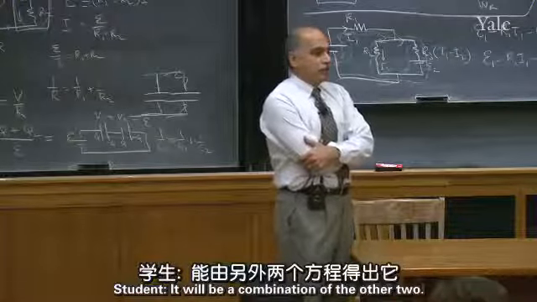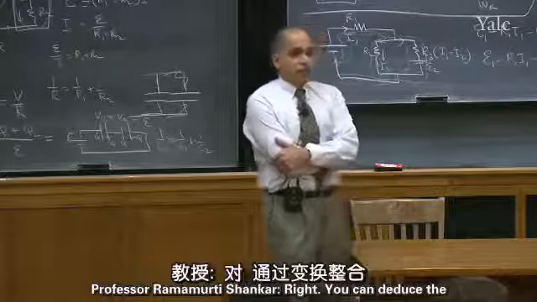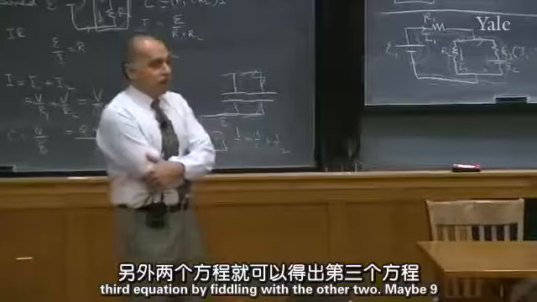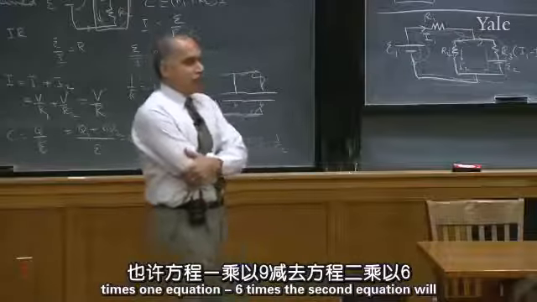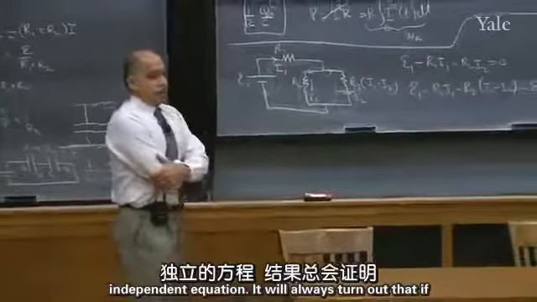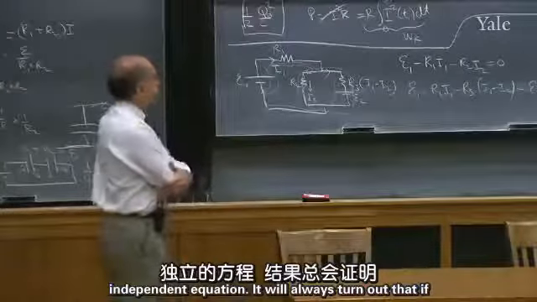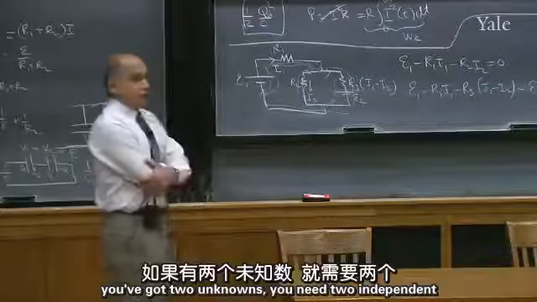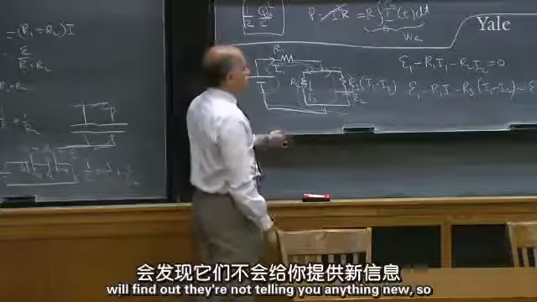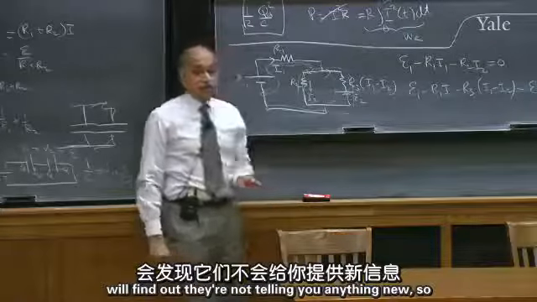It'll be a combination of the other equations. Right. You can deduce the third equation by fiddling with the other two. Maybe 9 times one equation minus 6 times the second equation will be the third equation. Therefore, it's not an independent equation. It'll always turn out that if you've got two unknowns, you need two independent equations. If you can get 3 and 4 and 5, you will find out they are not telling you anything new. So that's when you stop.